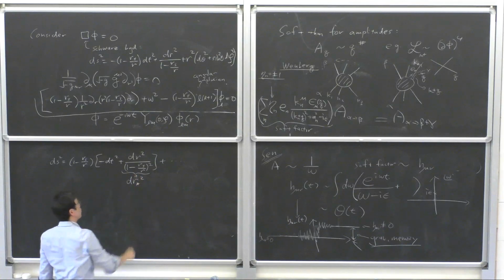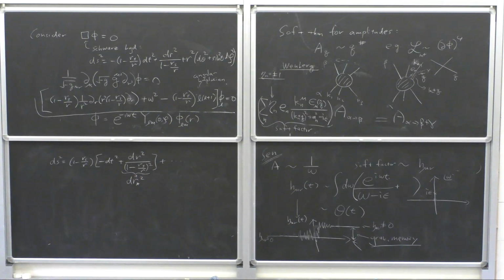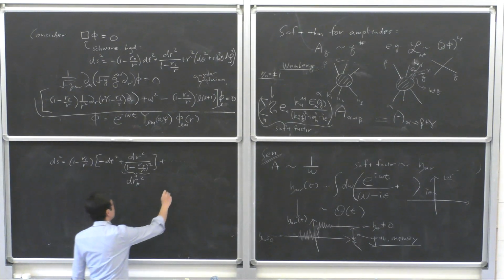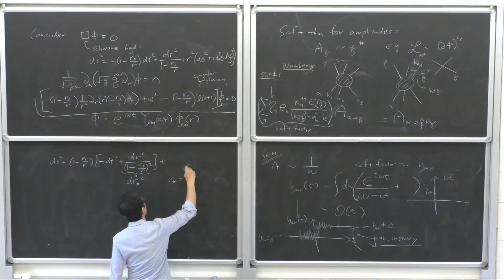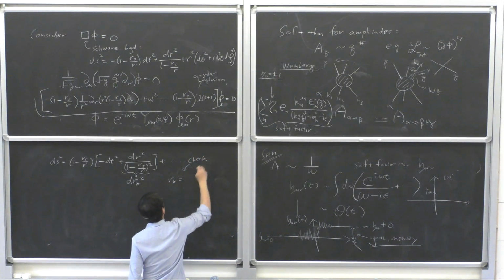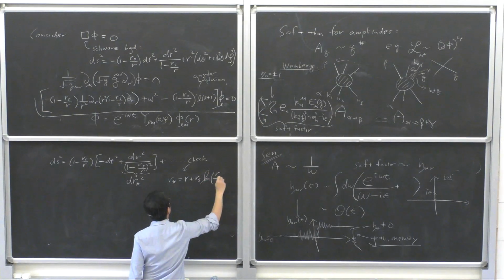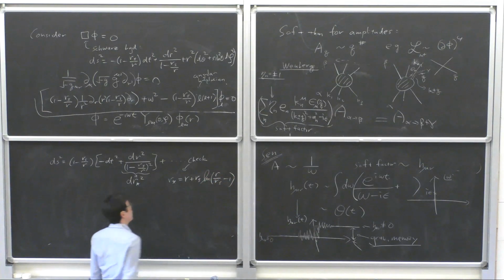This is just a definition, no? Which clearly you can do. You just integrate this to find r star, no? And if you do the integral, and you should check, r star is r plus rs log(r over rs minus 1). It looks like that.